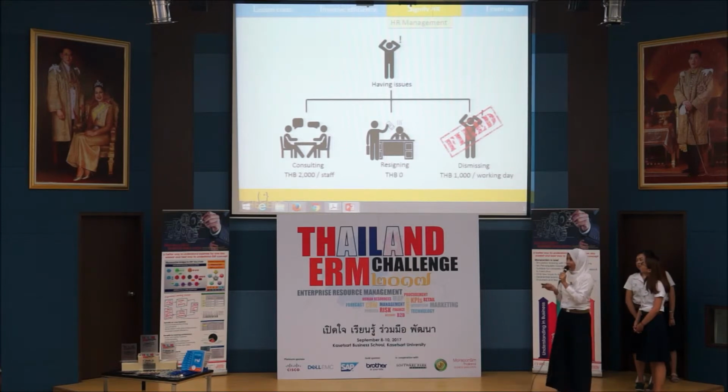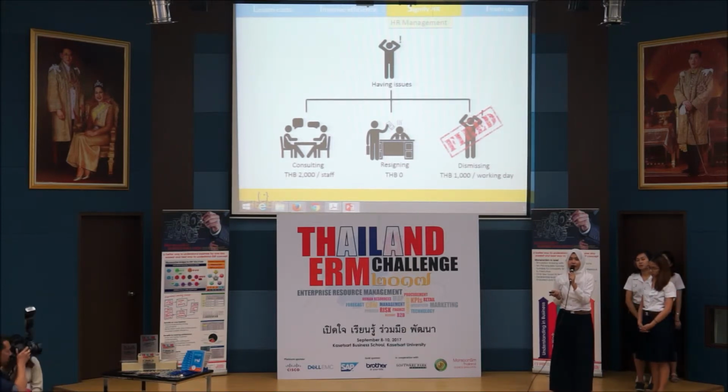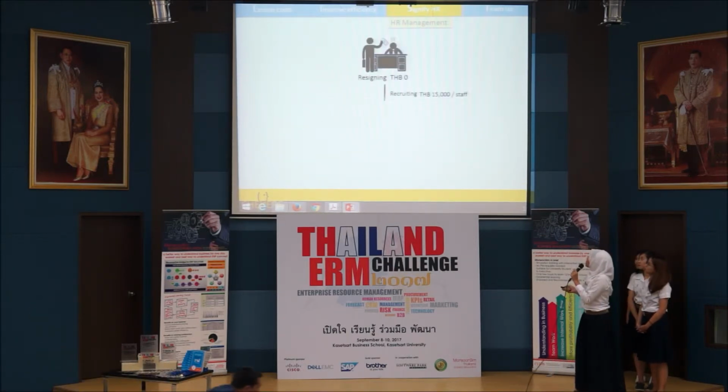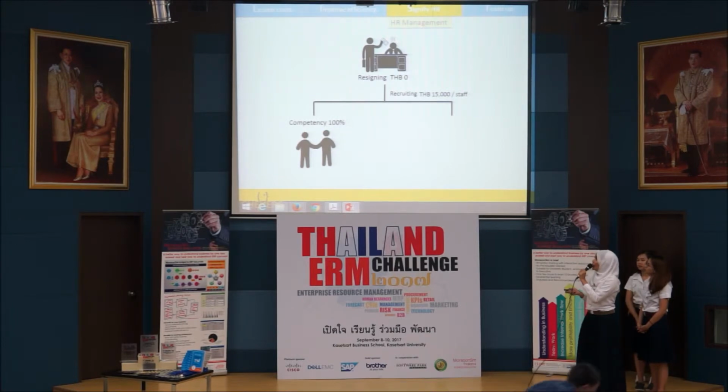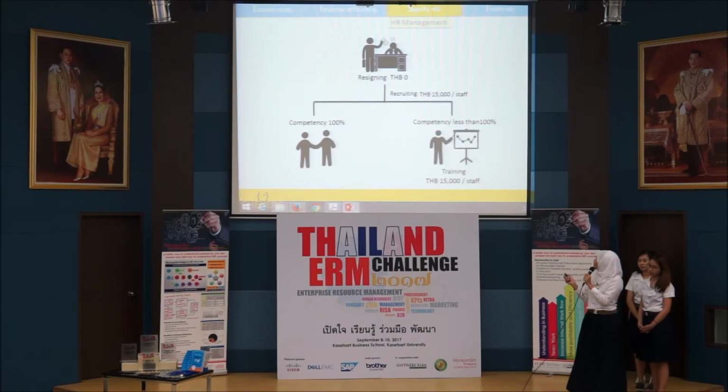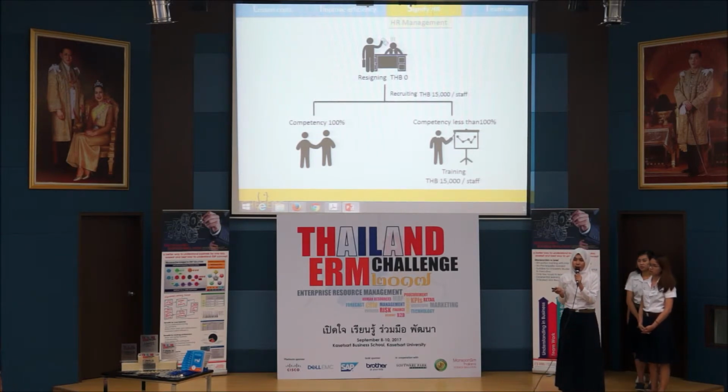So consulting is the most practical option. It is cost saving, and it also prevents employee shortage. When we hire new employees, if they don't have 100% competency, we would train them as soon as we can. We strongly believe that the sooner we tackle the problem, the less cost we have to pay, and the smoother our business runs.